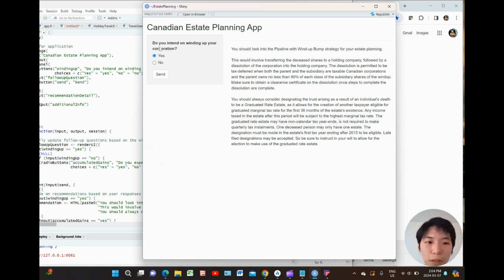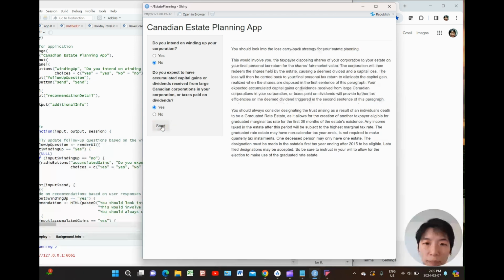So the next one would be no on winding up the corporation, and we do expect to have accumulated capital gains or dividends received from large Canadian corporations or paid taxes on dividends in the corporation's history.